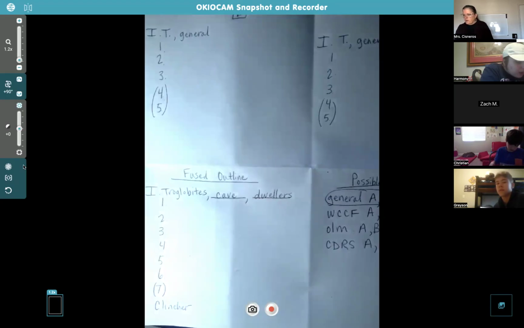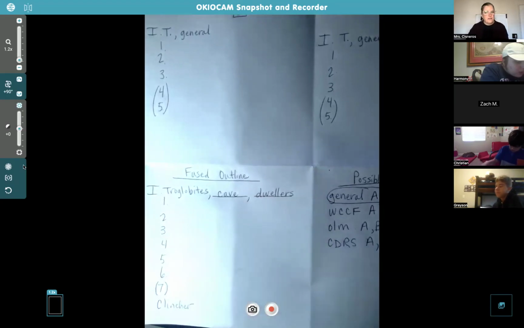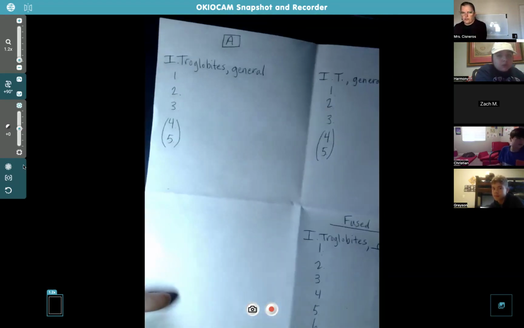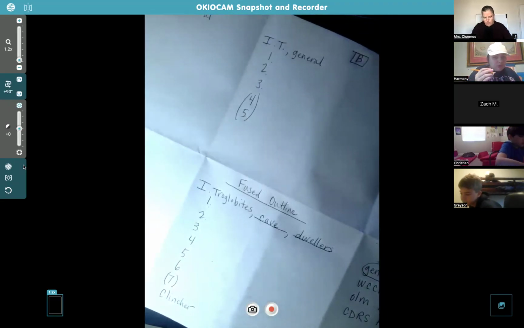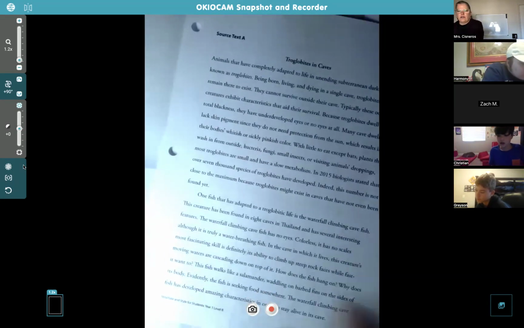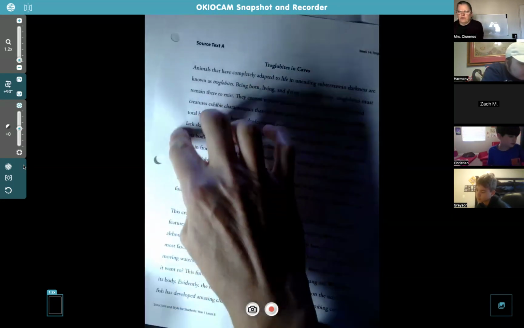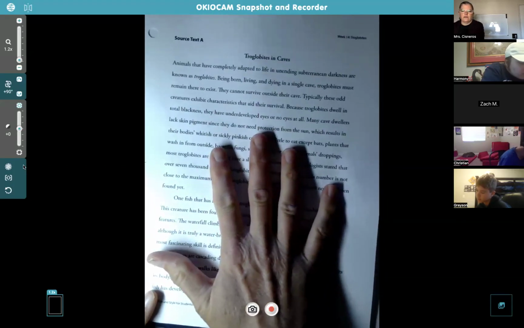All right. So now we got this set up and we're ready to go. This is when we really look into those paragraphs. Let's just look at A first here. Go back to Article A, which was on page 129. I erased mine, but you should have general right here next to that first paragraph.